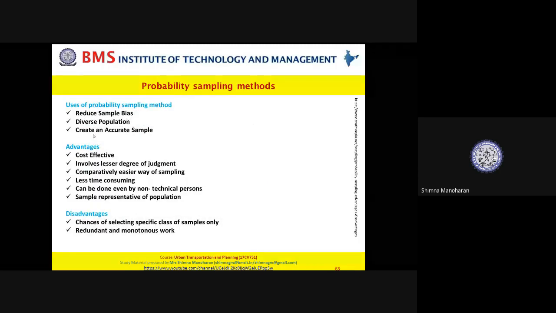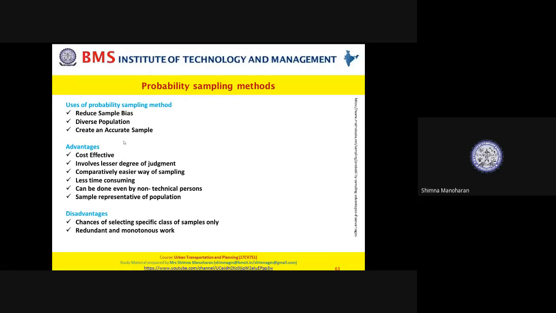The use of probability sampling is that the sample bias will be reduced to some extent. You cannot make the sample bias zero, but it is reduced. It can be used for a diverse population, and to an extent it creates an accurate sample. We'll see the difference between accuracy and precision. The advantages are that it's cost effective and involves a lesser degree of judgment.